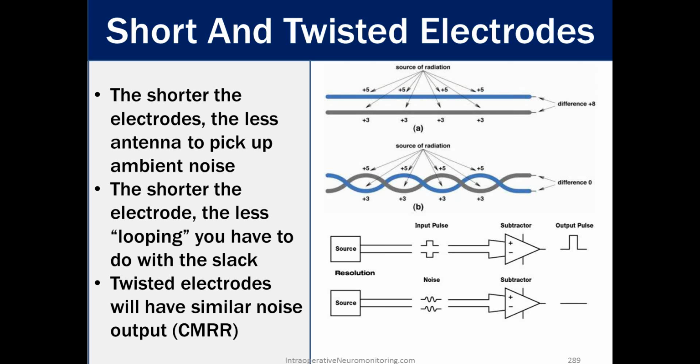Versus the noise, where it is exactly the same because it's picked up from, say, the lights above. The halogenated lights are giving off noise. Those electrodes are at a distance far enough away that they see that noise source as very similar. So when it goes to the negative or the inverting portion, it will subtract it out, and we have an isoelectric line.